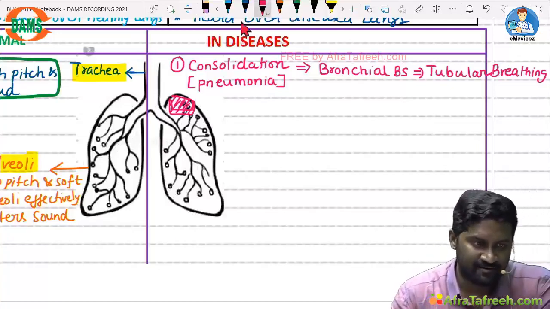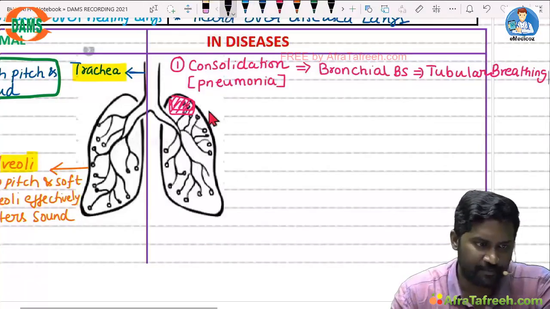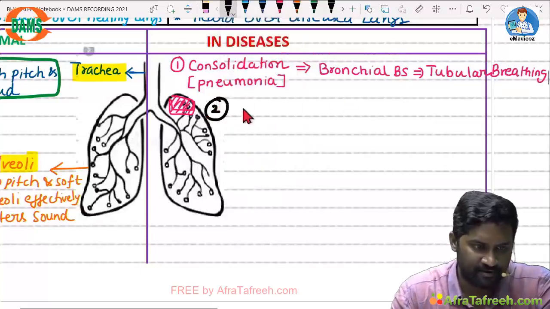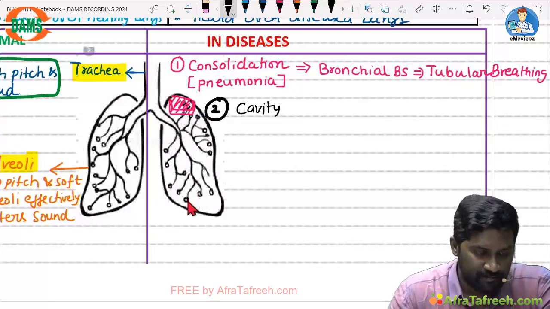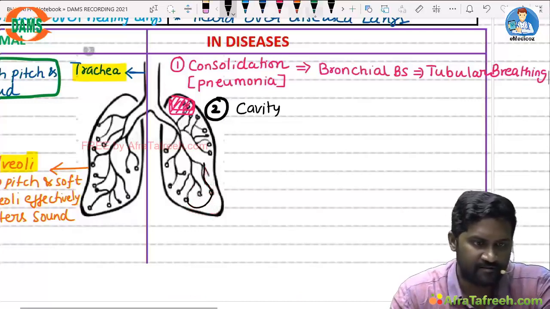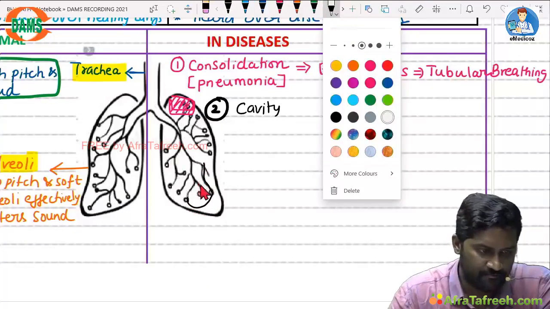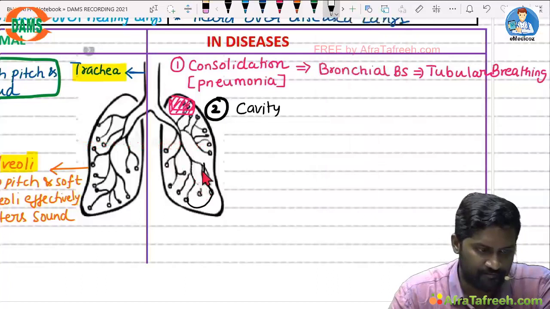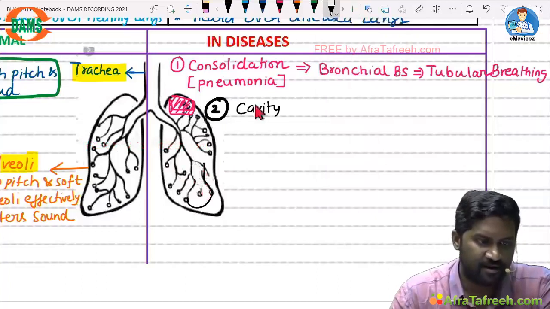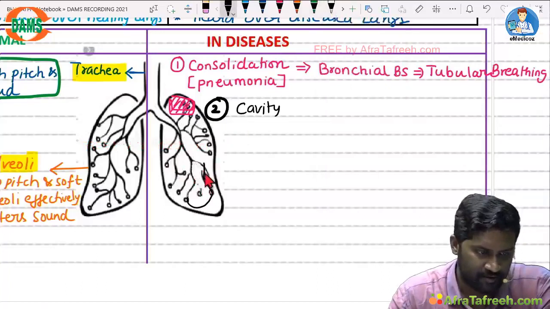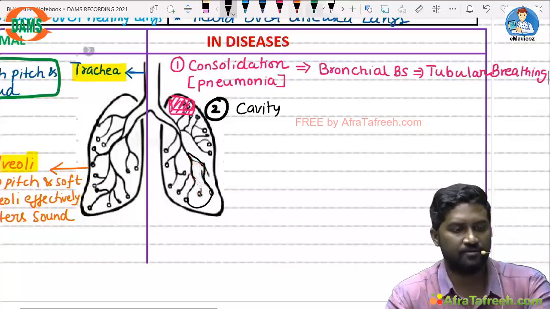Now coming to the next disease, where a cavity forms. What is a cavity, students? The alveoli get destroyed and form a uniform air-filled space, which can have direct communication to the bronchus.